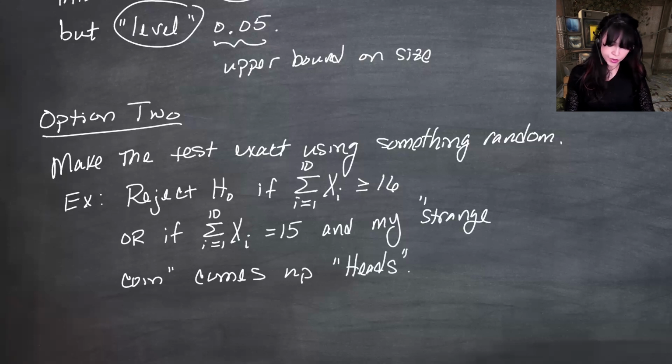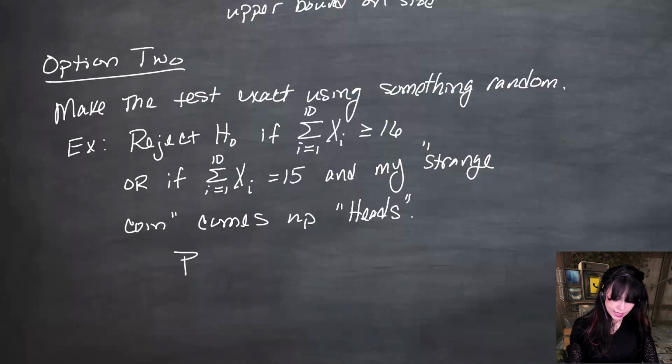So I'm going to use a biased coin where the probability of getting heads is going to be, well, what it needs to be.